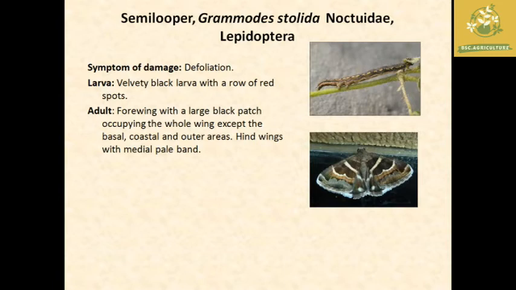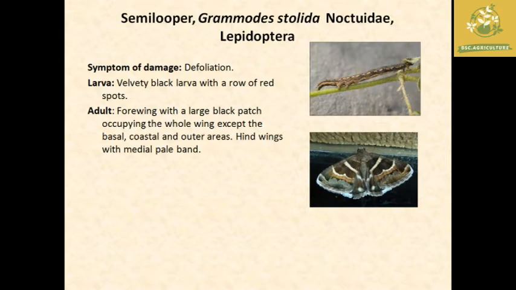You can see in the picture a velvety black larva which has a patch of red spots, and the adult is a large black patched moth where the forewing is fully covered with black patches except in the basal, costal and outer areas.